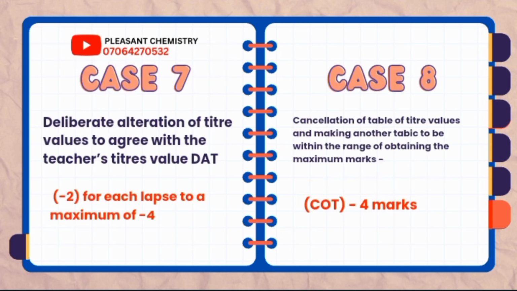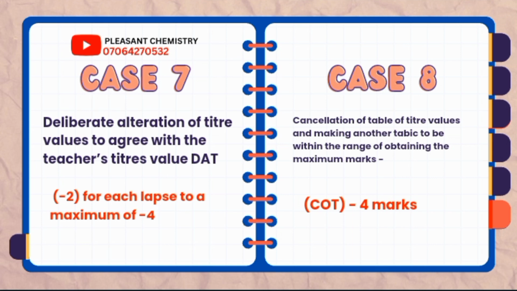Another error, which I call case 7, is deliberate alteration of TITRE values to agree with the teacher's TITRE value. What that means is that maybe you have written 22.40 as your TITRE value, you now shaded it, you painted it in such a way that somebody can easily know that you painted it.